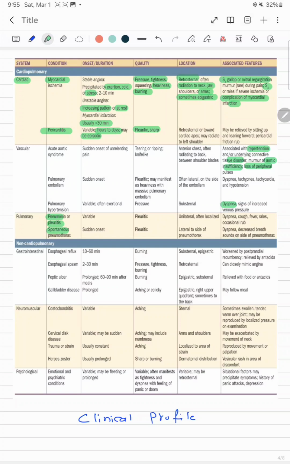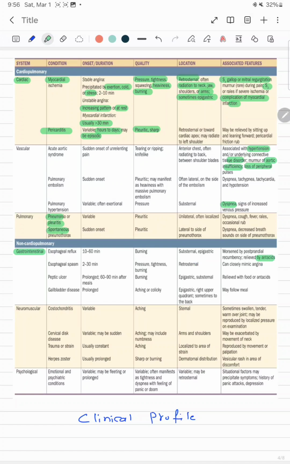It is important. Other than that, we come to the non-cardiopulmonary, that is gastrointestinal causes. The most common non-life-threatening causes are gastrointestinal, such as esophageal reflux, which is a burning substernal or epigastric pain worsened postprandially and by recumbency and relieved by antacids.